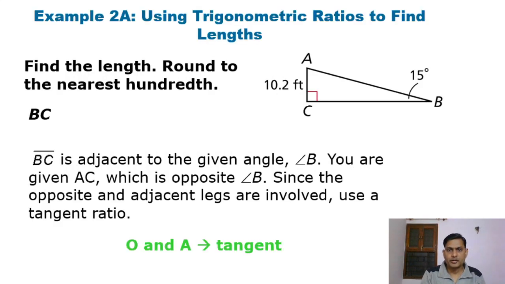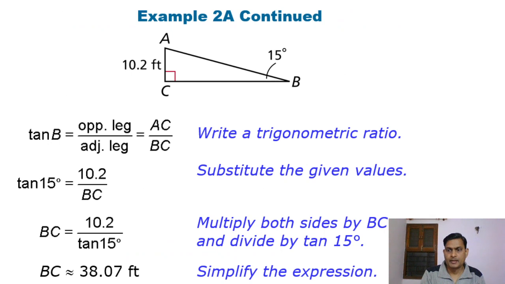Using the trigonometric ratios, we can find lengths also. If we know one angle and one length, in this triangle ABC, right angle is at C, AC is known, angle B is known, we have to find BC. In this case, we have to use the tangent formula because we know the opposite side and an angle, and we have to find the adjacent side.